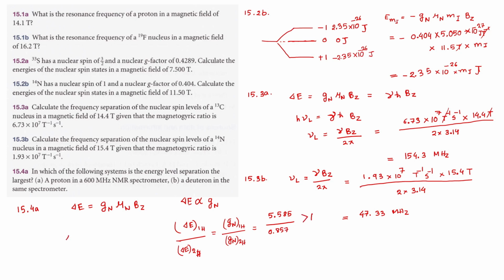So your separation of a proton, 1H, will be greater than your separation in the deuteron. Okay, so this is how we will solve this.